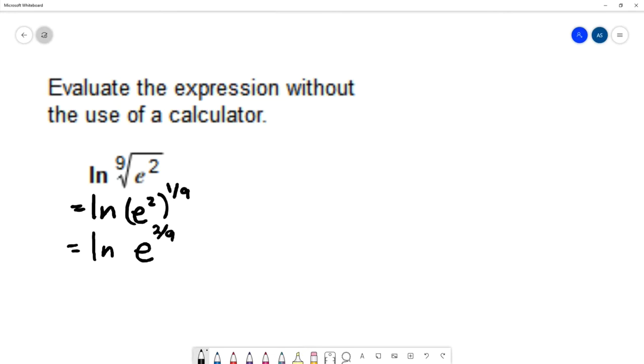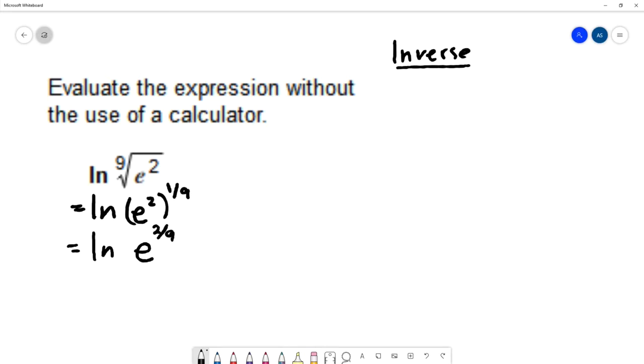Then one property of logarithms we should keep in mind is the inverse property. We have two of them, and the reason why we have the inverse property is because natural log and e are inverses of each other, or in general, exponents and logarithms are inverses of each other.